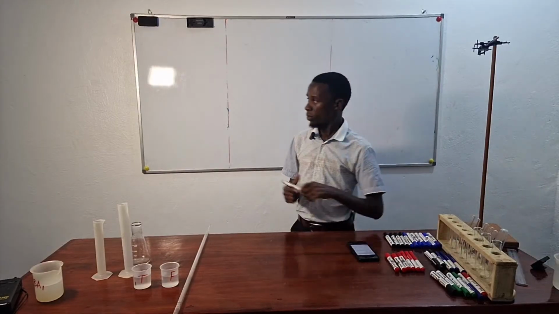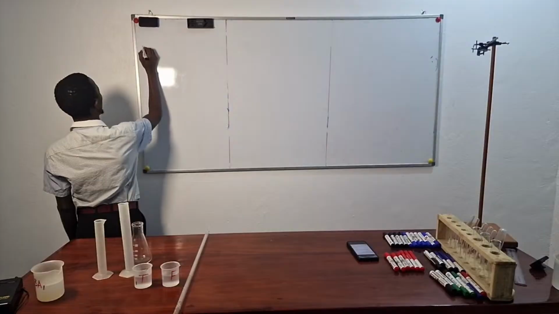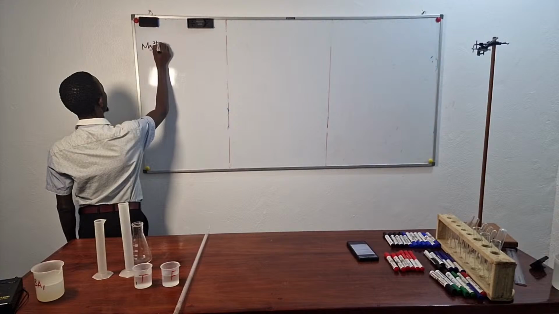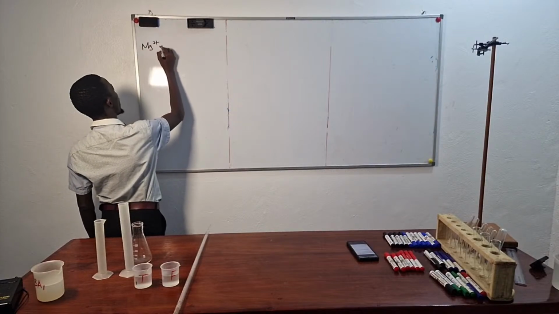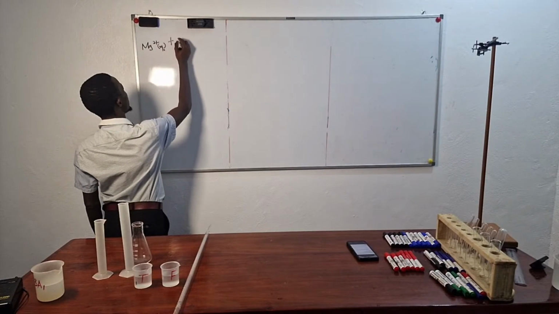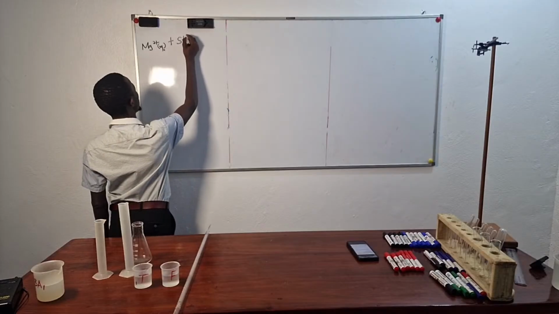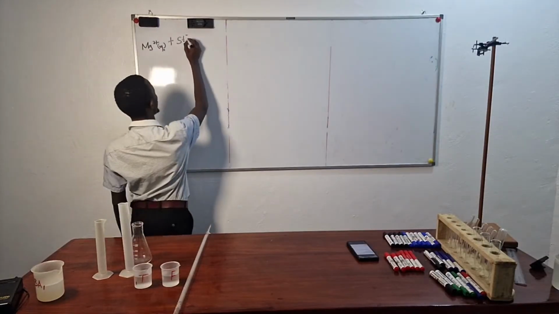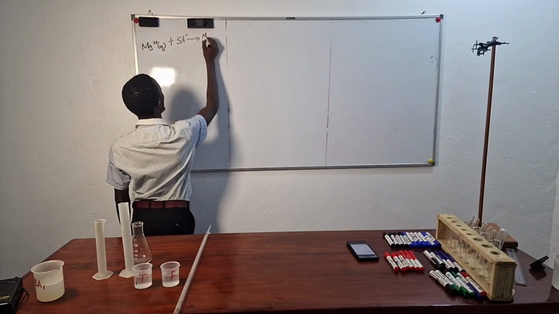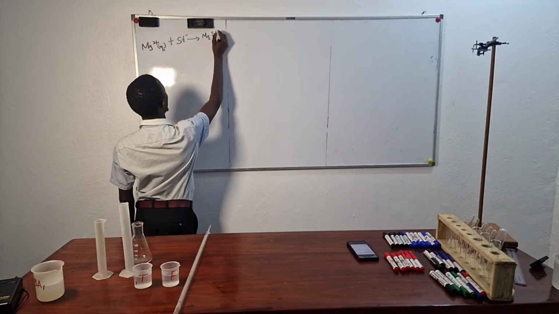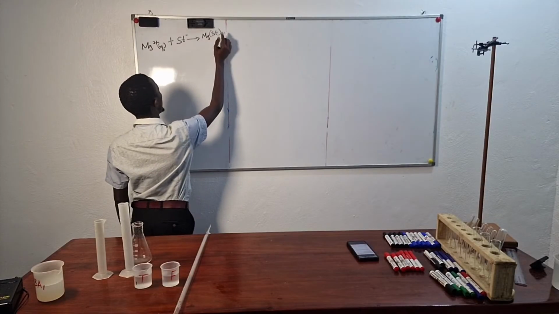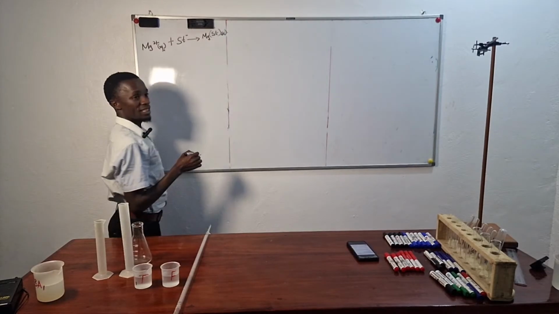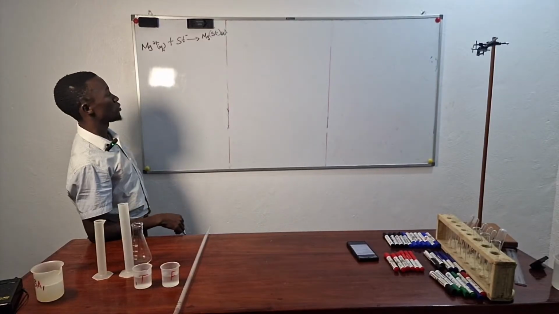Members, if for example soap is sodium stearate, and the magnesium ions or calcium ions in any hard water sample react with the stearate, it will form magnesium stearate, which is an insoluble salt, or calcium stearate, which is an insoluble salt.